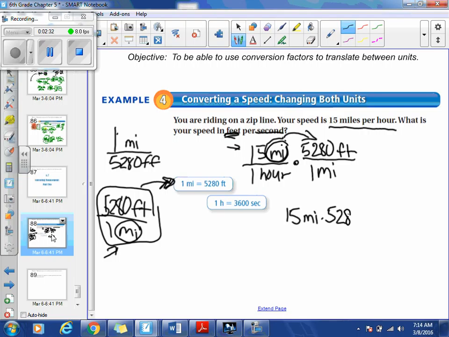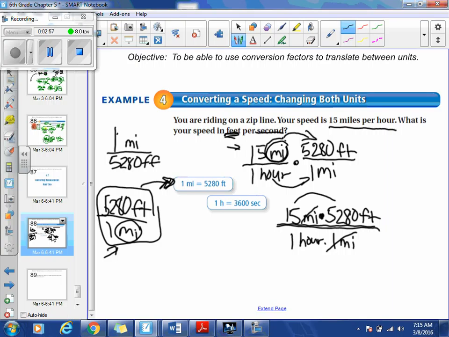Then, just like any fractions, you multiply the numerators. 15 miles times 5,280 feet. For some odd reason, I remember this conversion factor. I don't usually have to look this one up. And then on the bottom, we have 1 hour times 1 mile. Remember, a fraction bar is a great big division sign, so we have a mile being divided by a mile down here. Mile divided by mile is 1, so we can get rid of that.